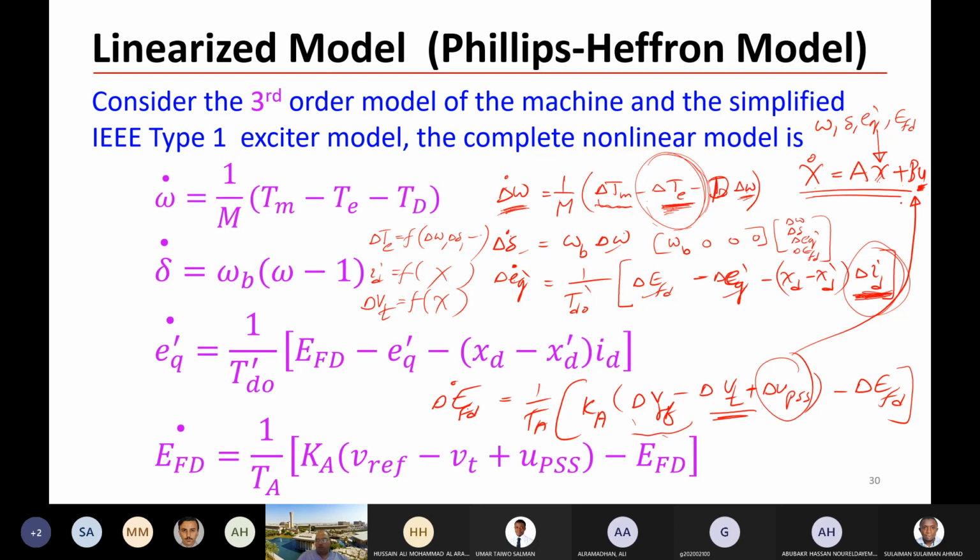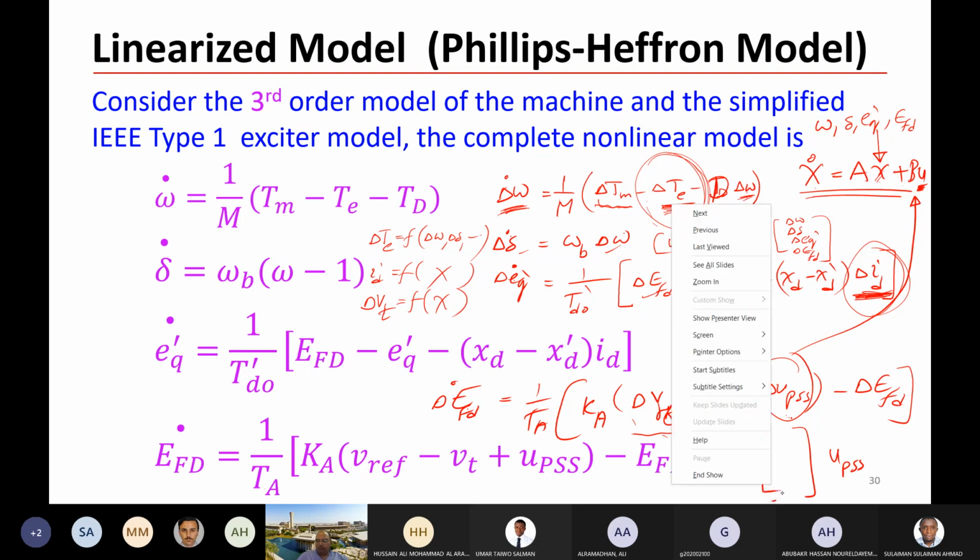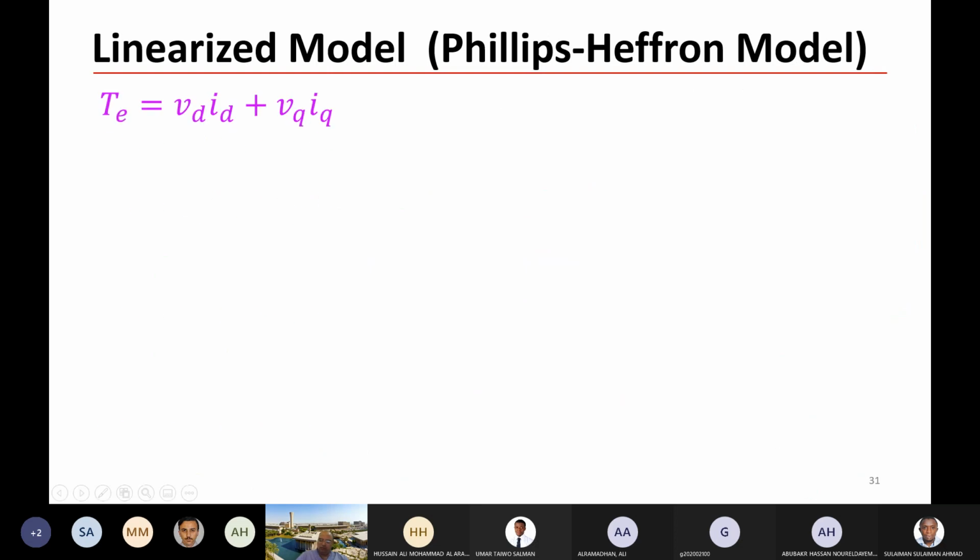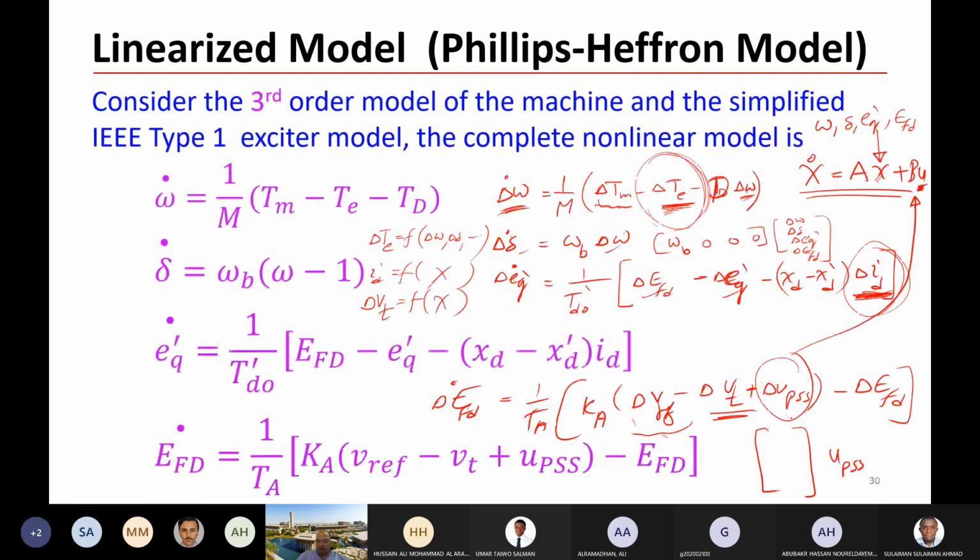Of course, if U is considered as UPSS, you can write the B matrix here. What do you think the B matrix is, if this is UPSS? Can anybody tell us what the B matrix is here? Yeah, Abdul Rahman.